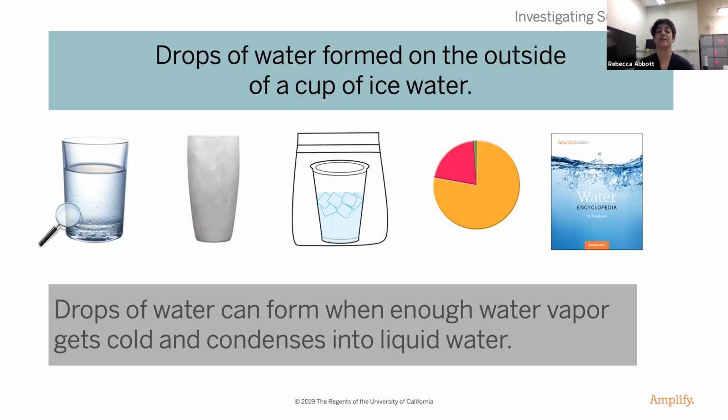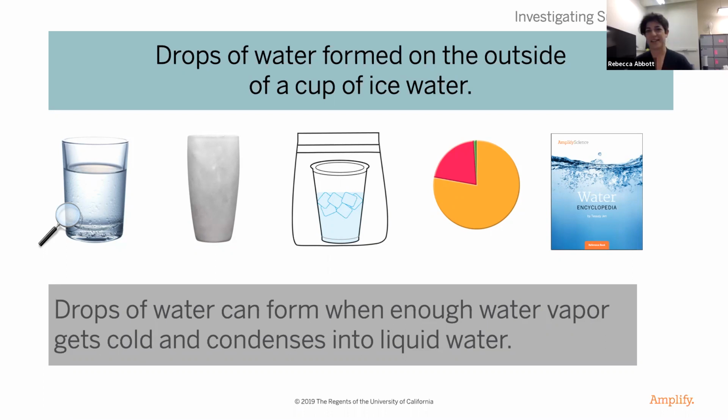And that has us thinking that the water drops that form on a cup come from the air around the cup. So with all of these sources of evidence, we can respond to the investigation question, how do drops of water form? We're thinking, you can see what we call a key concept at the bottom. The drops of water can form when enough water vapor gets cold enough and condenses into liquid water.